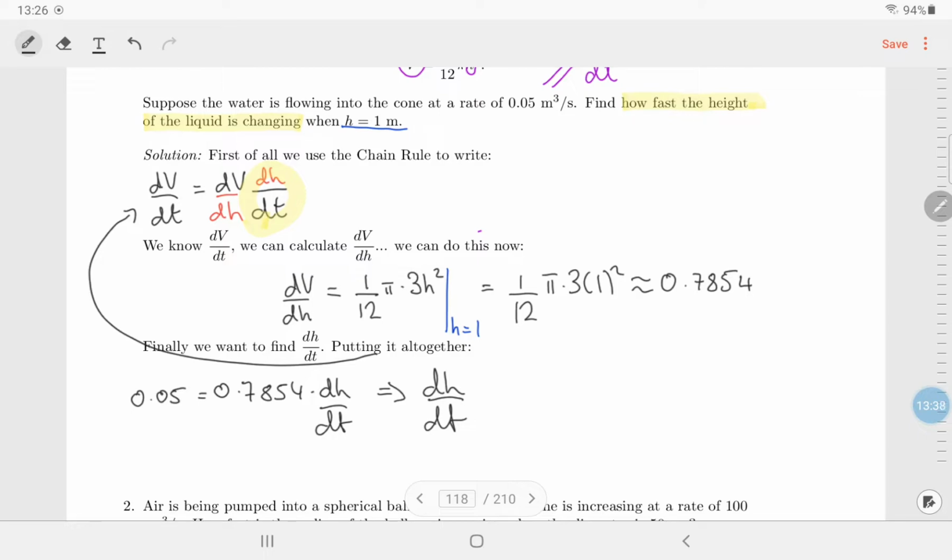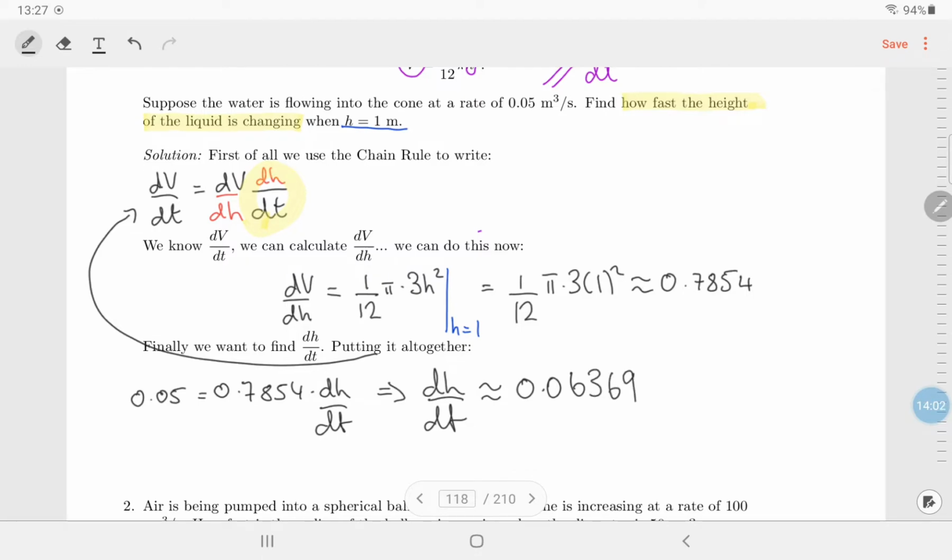So you have 0.05 divided by 0.7854. It would be good if I kept the π a bit longer and rounded at the end, but it's not a massive deal. Dividing both sides, I get, to 4 significant figures, 0.06366. Now it's 86, so that rounds to 9.